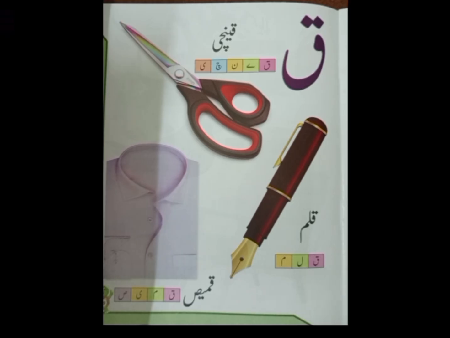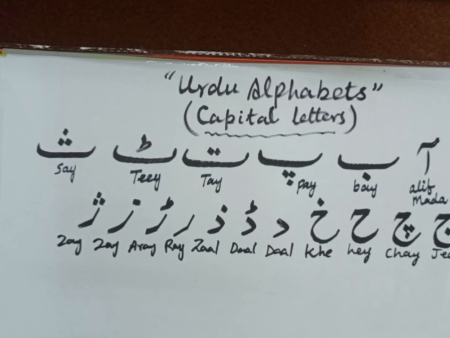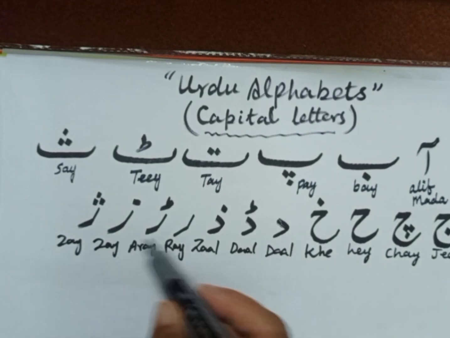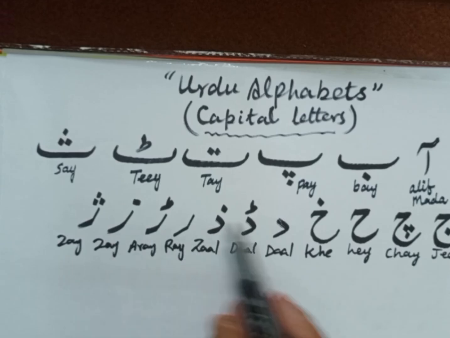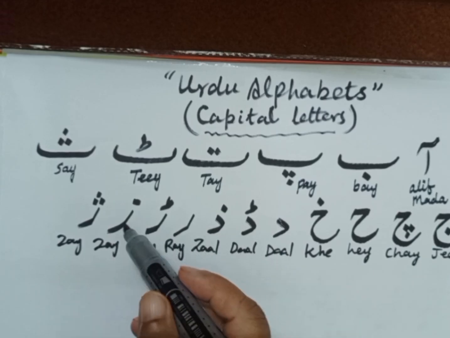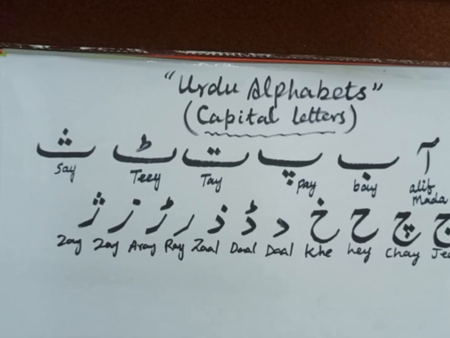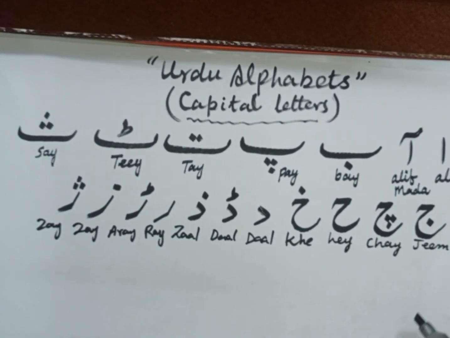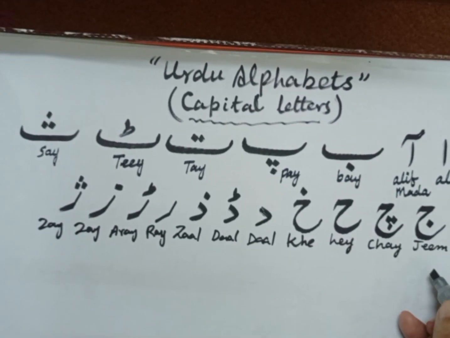Alright students, now we are going to write these letters. I'm revising previous letters which we have done: dal, zal, re, ze. Now today's first letter, seen. I have already told you this is one shosha, small.